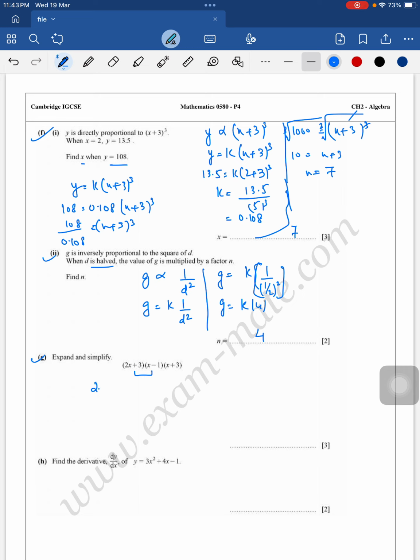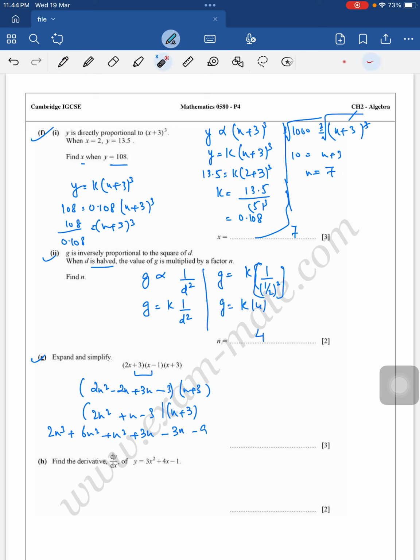So 2x into x is 2x squared, minus 2x into 1 is 2x, plus 3x minus 3, into x plus 3. That is 2x squared minus 2x plus 3x, which is x, minus 3, into x plus 3. So now simplifying the two brackets, 2x squared into x is 2x cubed, plus 3 into 2x squared is 6x squared, plus x squared plus 3x minus 3x minus 9.